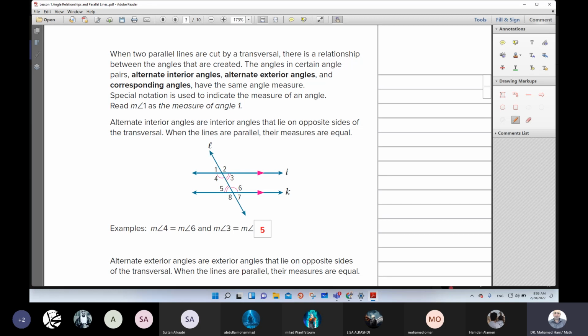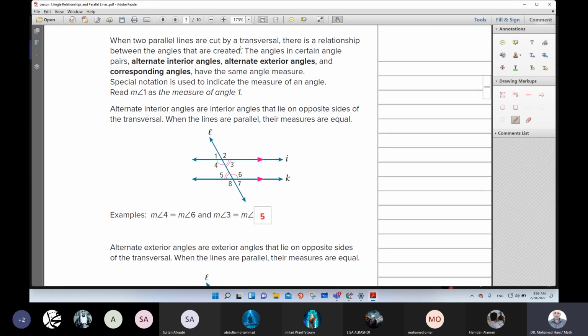When two parallel lines are cut by a transversal, there is a relationship between the angles that are created.